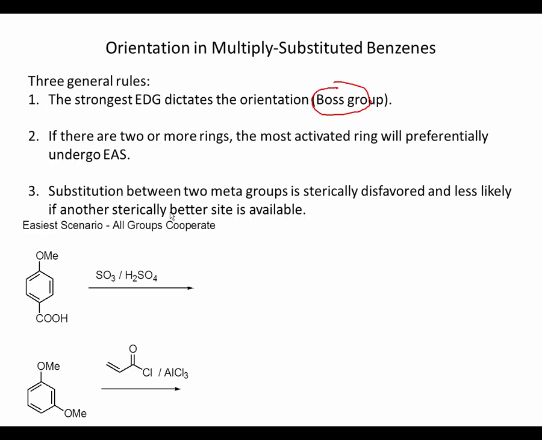The easiest scenario of all is when the groups cooperate. So we have an electron donating group and an electron withdrawing group in the para position. The electron donating group says put the incoming substituent here, and this is of course the boss.